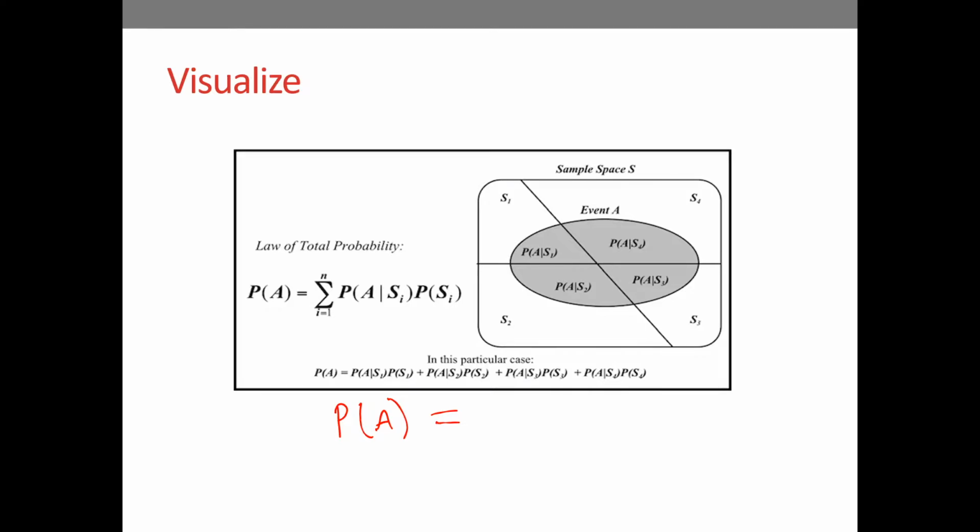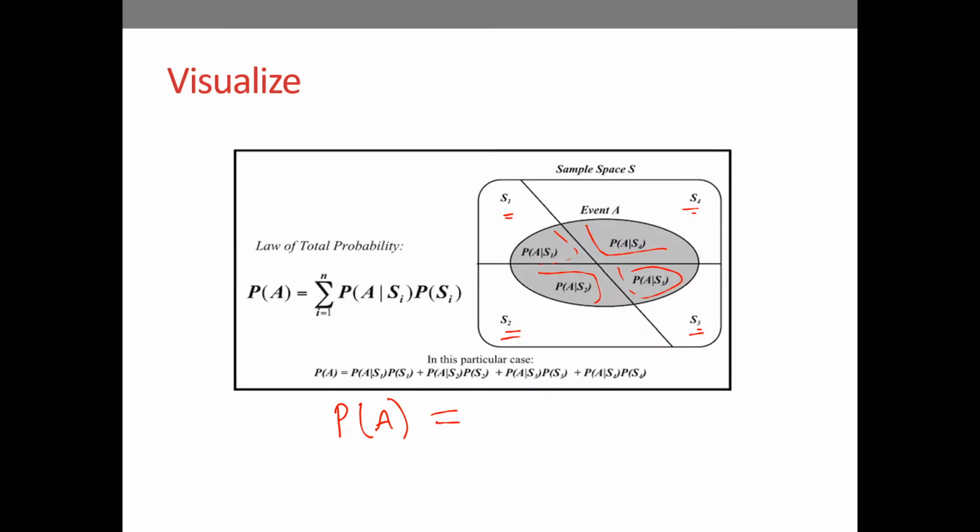But now I see that this event A is divided into multiple parts because there is a different sample space for each part of A. And each of these parts are mutually exclusive and they're exhaustive because they actually make up the event A, right?